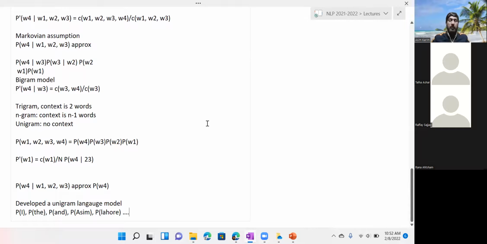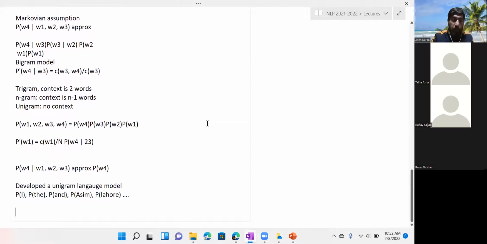So you have estimated all of these probabilities. And once you have these estimates available, you say that we have a language model available. In this particular case, it's a Unigram language model. And using it, you can estimate the probability of any sentence. For example, for the sentence I, Lahore, and Asim, you simply take probability of I multiplied with probability of Asim multiplied with probability of Lahore, right? So you can find the probability of this sequence. So this is the Unigram language model.